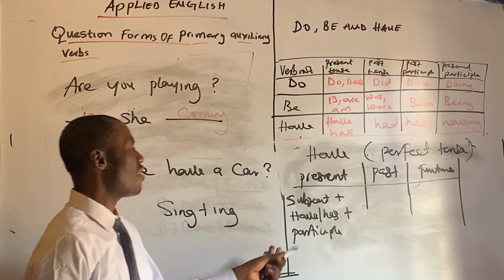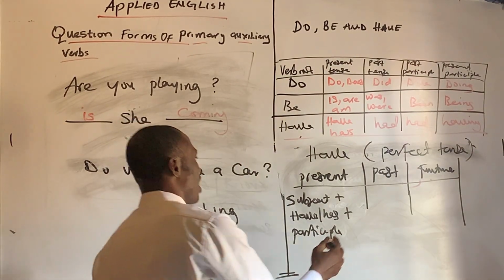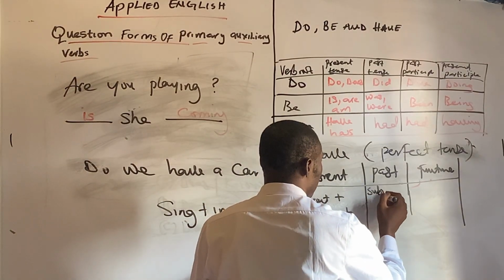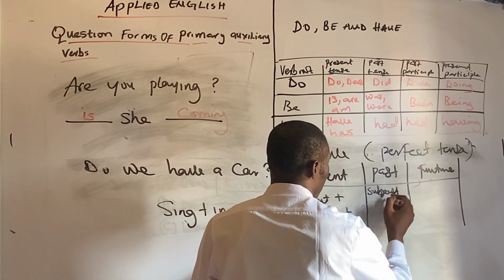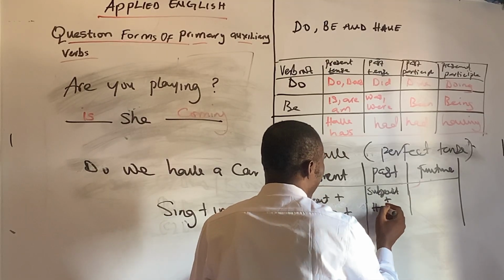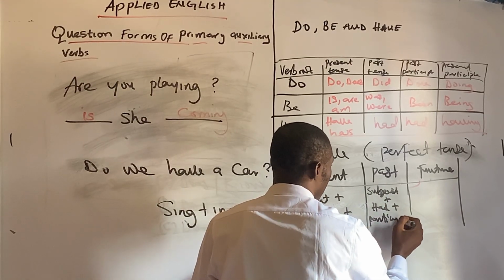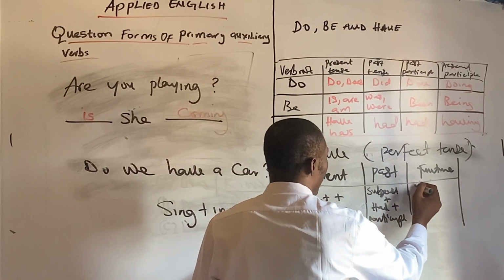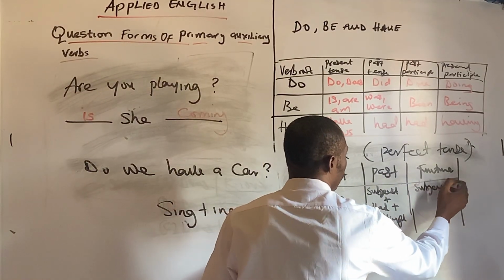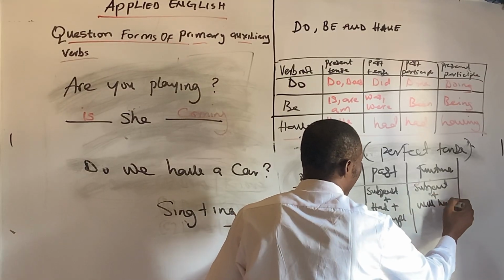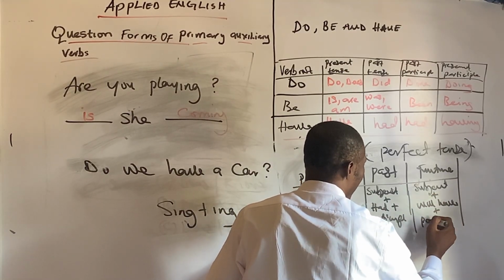For the past, we have the subject plus had plus participle verb. For the future, we have the subject plus will have plus a participle verb.